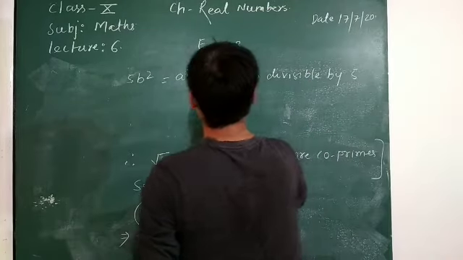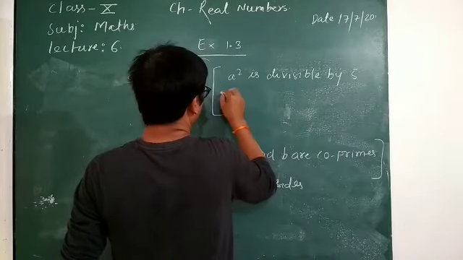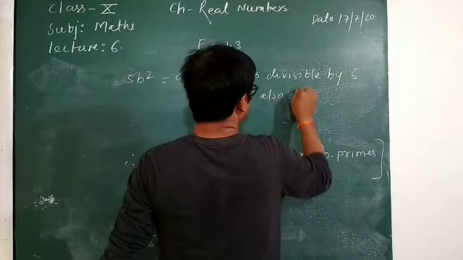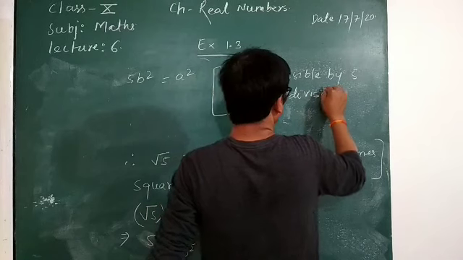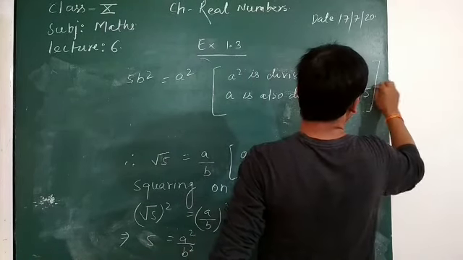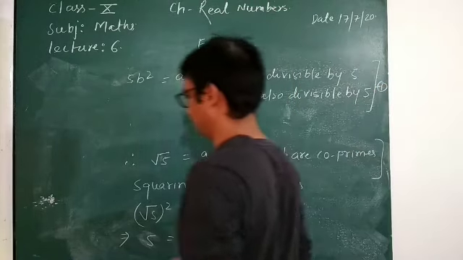Hence, similarly, if you remove the square, you can write a is also divisible by 5. This is your equation 1.